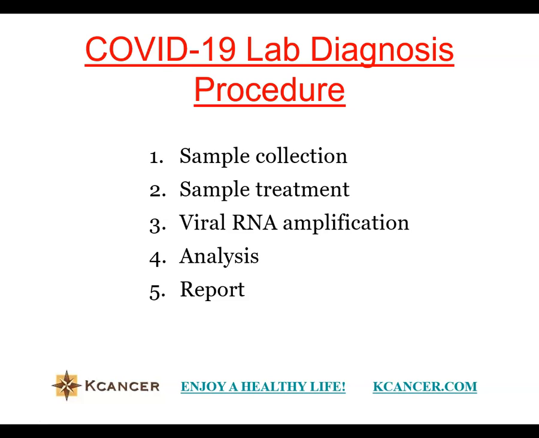Then you can use the machine to analyze whether or not you have the COVID-19 virus genome, and then give you the final report. Now let's have a look at the steps of this procedure.